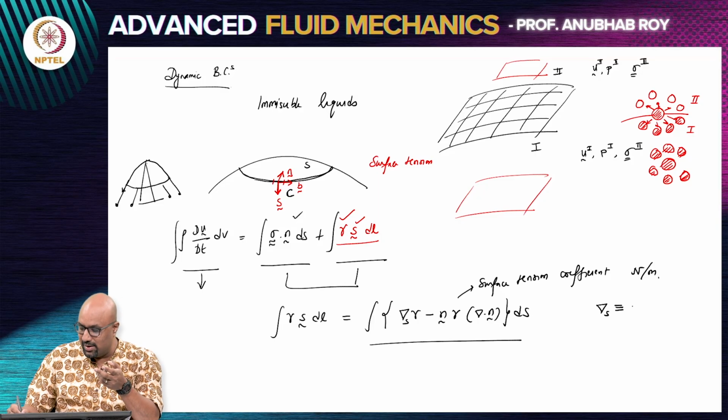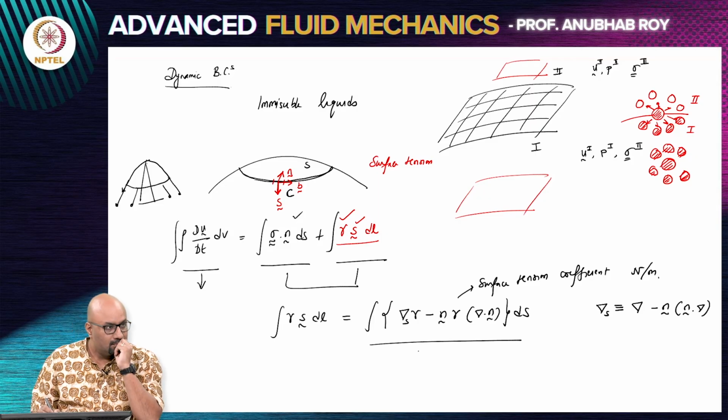Del S is basically gradient minus N dot del. Now, what do you think it is? N dot del is the component of your gradient that is along the normal. When you take a gradient and dot it with some vector, you are extracting the derivative along that particular direction.